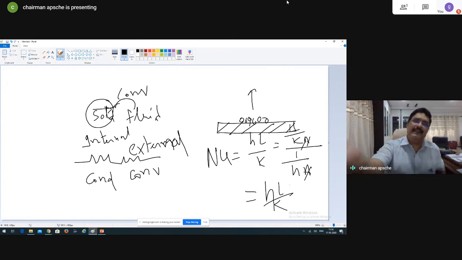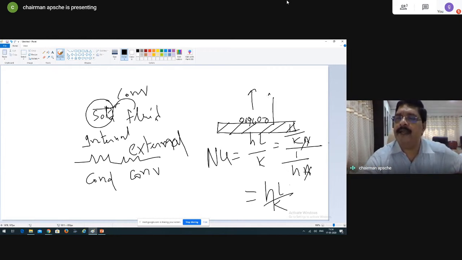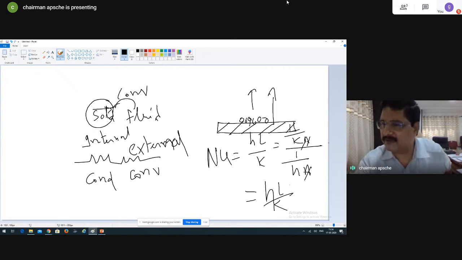And in between also, even when the molecules and the fluid particles are moving, they can collide with each other. And therefore, when heat is removed from this plate, or vice versa, when heat is given to the plate from the fluid, depending on which temperature is higher, it is because of conduction and also because of convection.